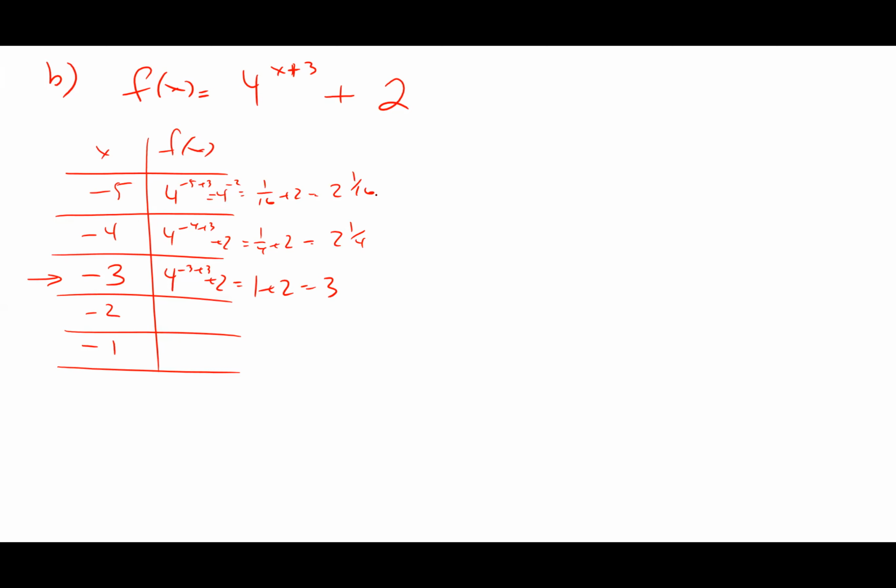Ooh, a little different than we started off with today, huh? Slightly different here. 4 to the -2 plus 3 makes a 4, and then add 2 to it makes a 6. 4 to the -2 plus 3, or -1, sorry, -1, makes 4 squared, which is 16 plus 2. You guys check my math here.